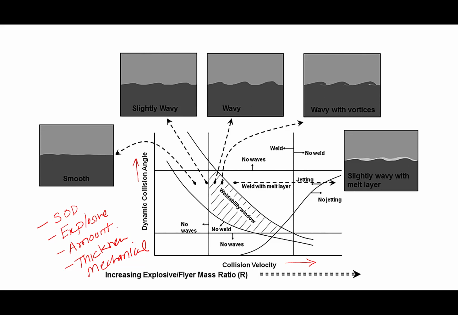How it determines, I'll explain that a little later. And the collision velocity depends again on the type of explosive that is being used, and certainly the amount of the explosive per unit area.